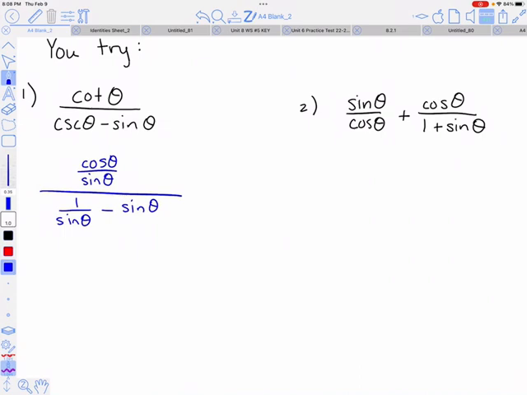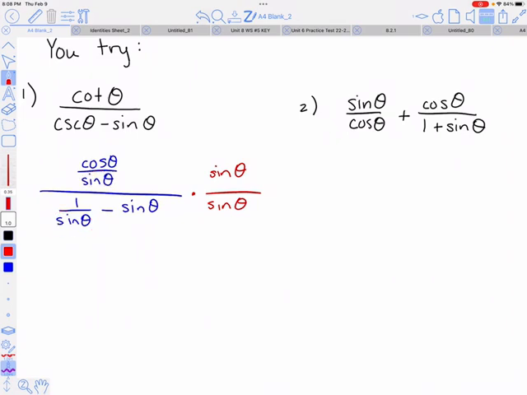So now I just have a rational expression that I need to simplify. This is a complex fraction, and we've practiced how to simplify complex fractions. So I'm hoping this doesn't look totally new. I'm going to multiply the top and the bottom by sine of theta. That's the lowest common denominator of all my small fractions. And this one doesn't have a denominator, so I don't need to worry about that one, but I do need to multiply it.